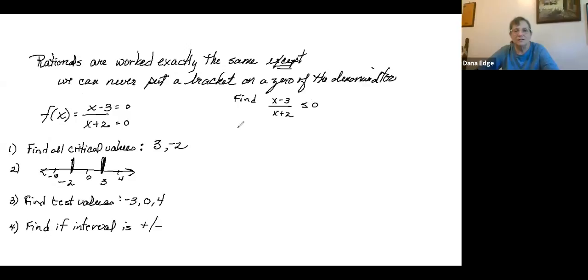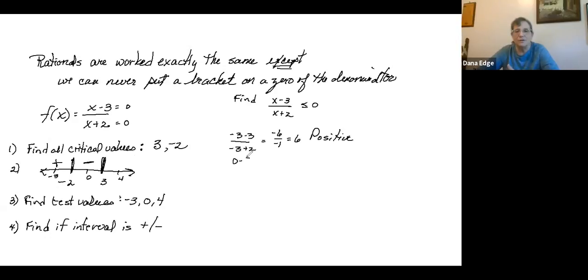Okay, so when I plug in the negative 3, I'm going to get negative 3 minus 3 over negative 3 plus 2. Plugging it in here is negative 6 over negative 1, which is positive 6, which is positive. So this one is going to be a plus. When I plug in 0, I'm going to get negative 3/2. So 0 is going to give me a negative.